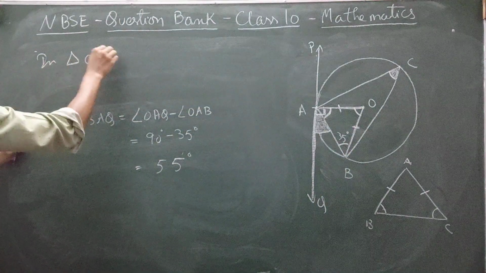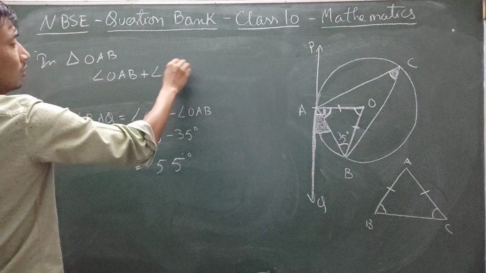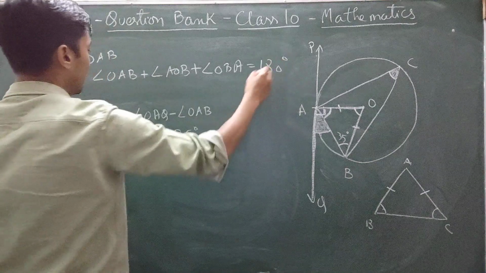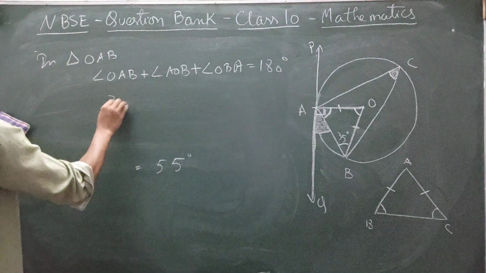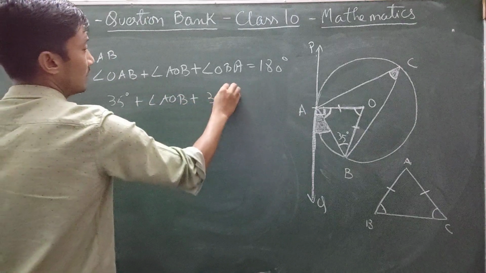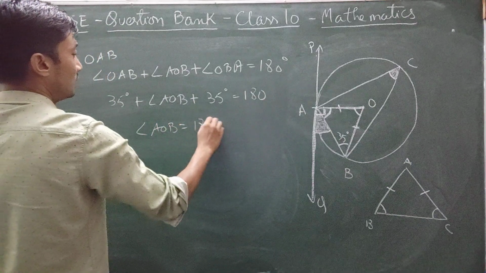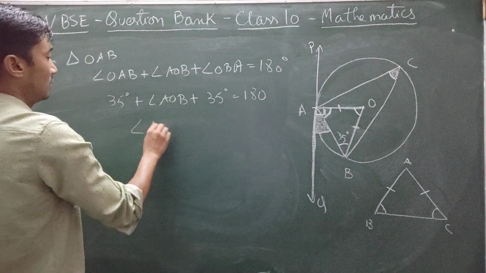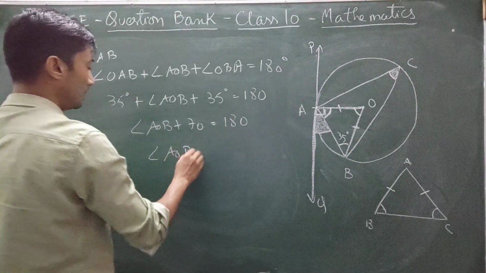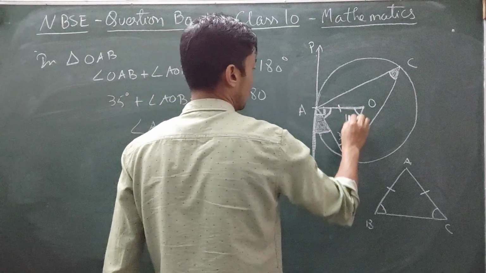In triangle OAB, angle OAB plus angle AOB plus angle OBA is 180 degrees. OAB is 35, OBA is also 35, so angle AOB plus 70 is 180, angle AOB is 180 minus 70, so that is 110 degrees.